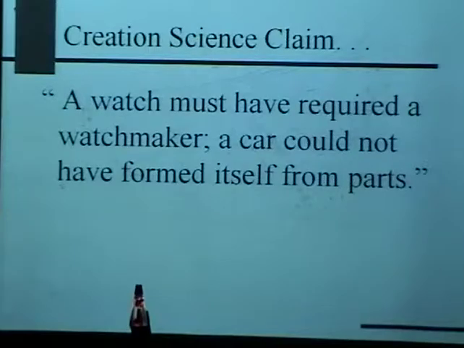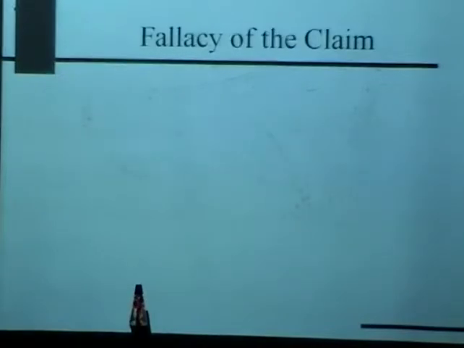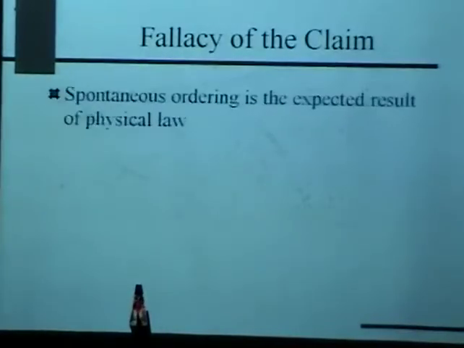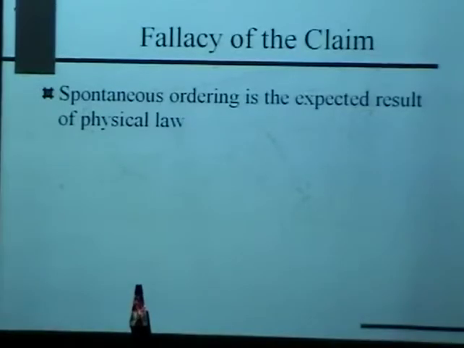The idea being that there's got to be some sort of external agent, some sort of intelligent designer in order for order to spontaneously appear. This may seem surprising, but what a lot of the science of non-equilibrium thermodynamics is showing us is that spontaneous ordering is the expected result.